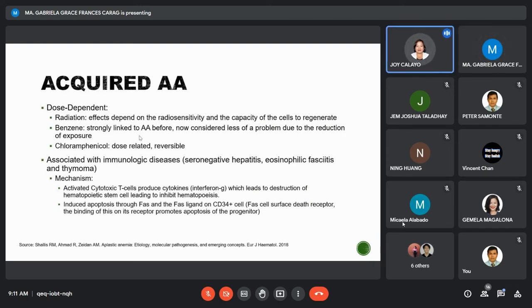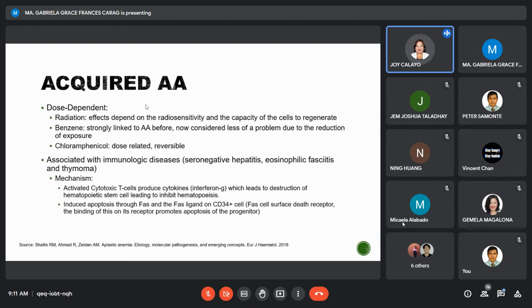So immunologic diseases, so associated with immunologic diseases, you have the acquired type of aplastic anemia, and then you gave some examples. So you have seronegative hepatitis, eosinophilic fasciitis, and thymoma.